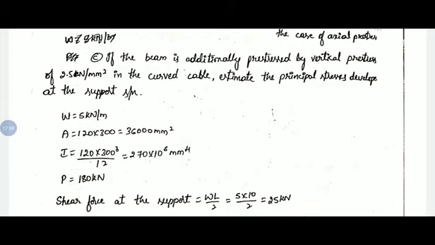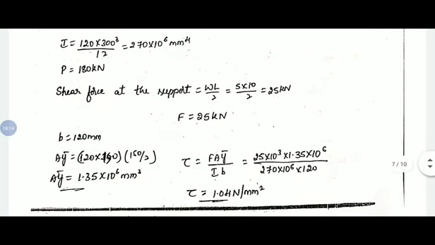Since it is a simply supported beam with UDL, WL by 2 will be the support reactions and that same will remain as the shear force. WL by 2 is 25 kN, so F equals 25. B is 120, and we have A y bar. If we calculate tau, the shear stress, it is 1.04 Newton per mm square.